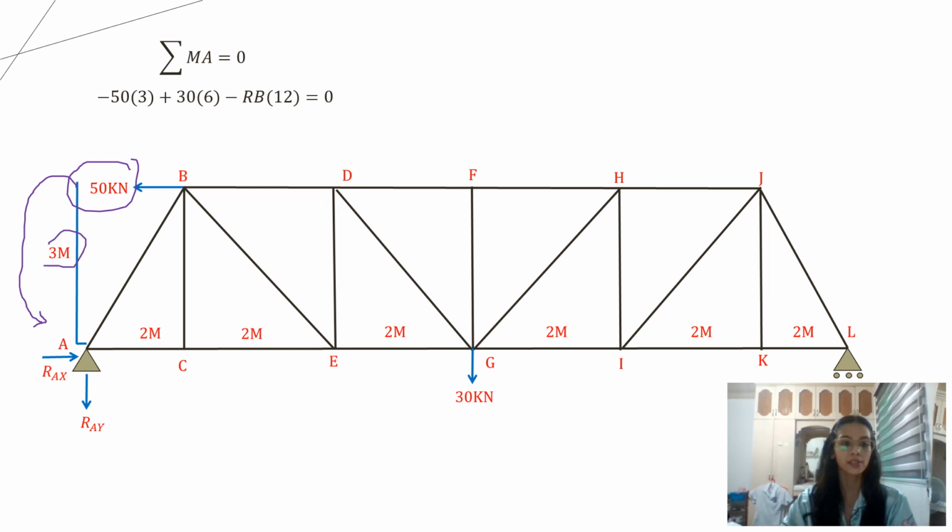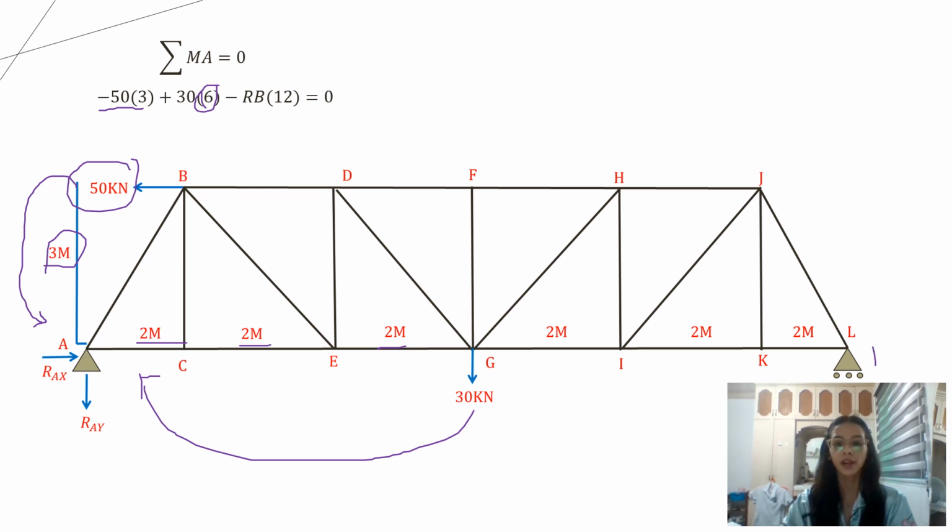So the moment about A is counterclockwise, the distance is 3, so negative 50 times 3, plus our force 30 clockwise about A, and the distance is 2 plus 2 plus 2 equals 6, minus our RB.